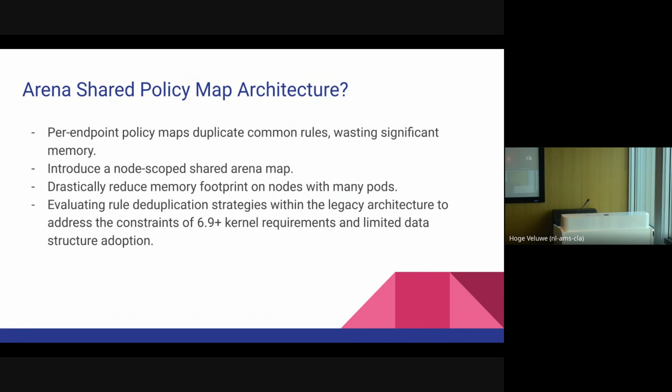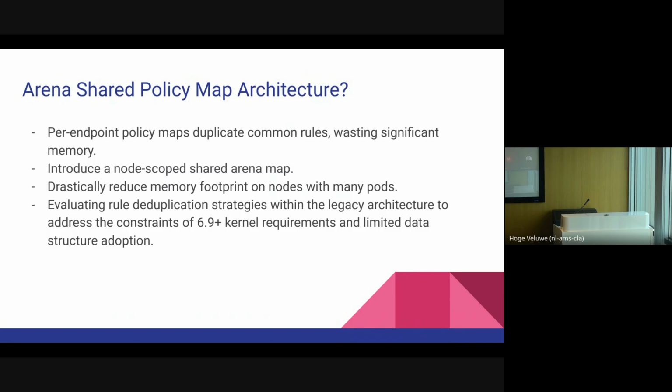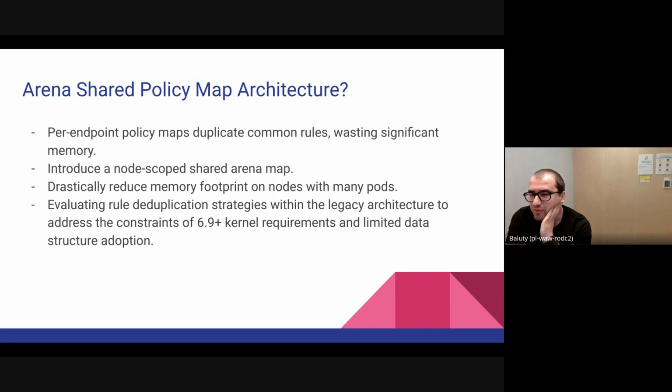You could share the policy map without using Arena. That is technically a thing. So why is this better? Because it's an arbitrary data structure, it's probably the most flexible, at least for now. If you have this LPM trie, how can you make the saving of rules only once?